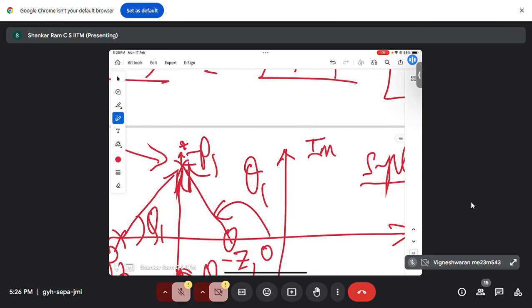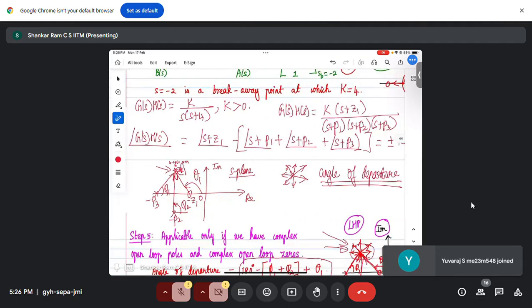This is the angle of departure, theta D, from this P1. This vector is going to be ST minus of minus P1, which is ST plus P1. That is what you and I want, the angle of that. Now let's go back to this expression. So I choose this test point ST.